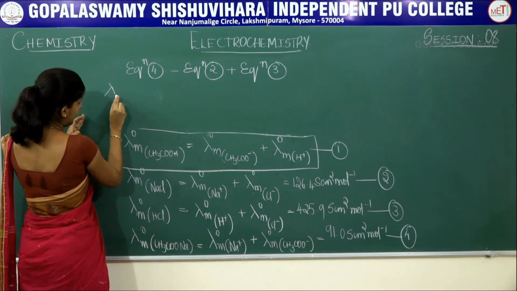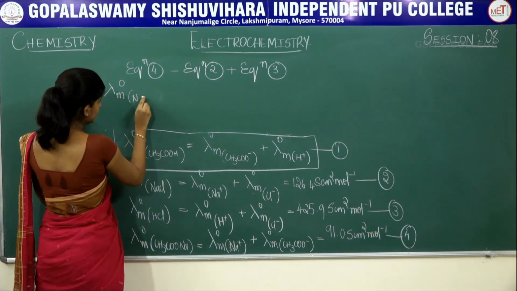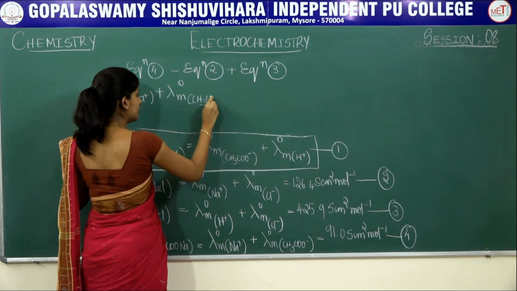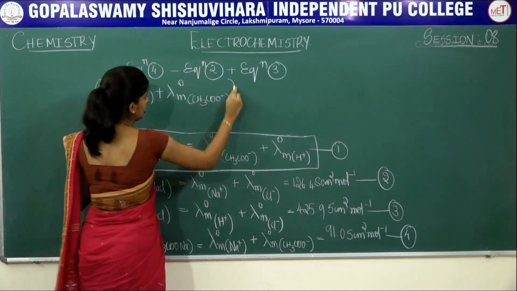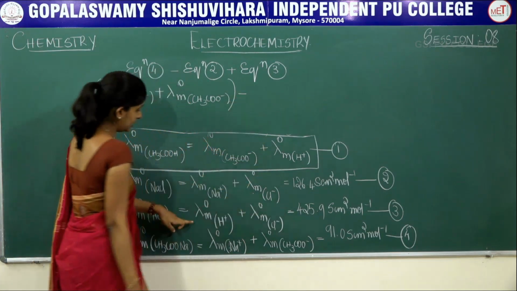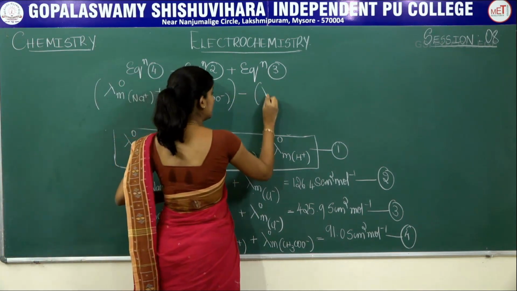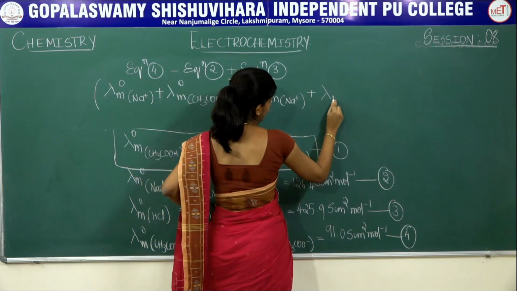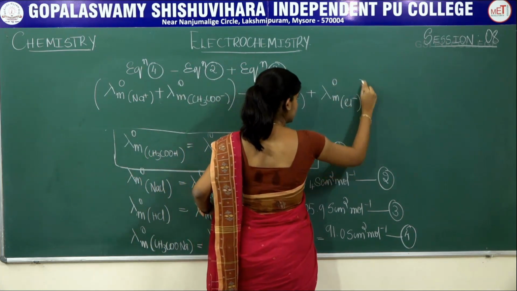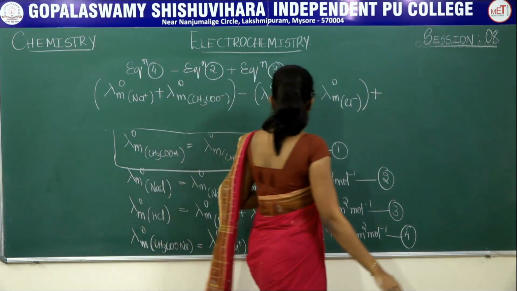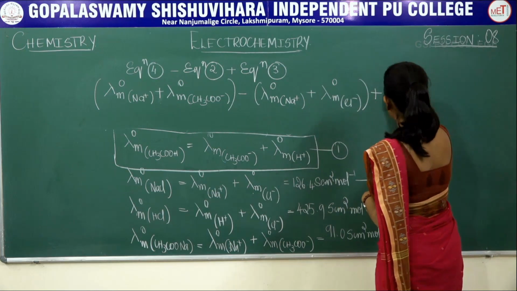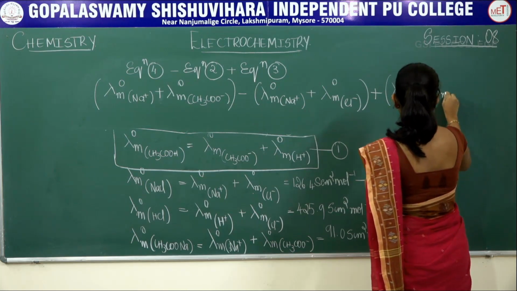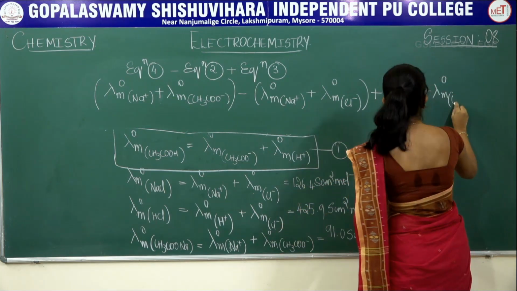So I will deduce what this looks like. That is lambda m naught of Na plus lambda m naught of CH3COO minus, this is your equation 4, minus equation 2, this is your lambda m naught of Na plus lambda m naught of Cl minus, plus equation 3, lambda m naught of H plus lambda m naught of Cl minus.